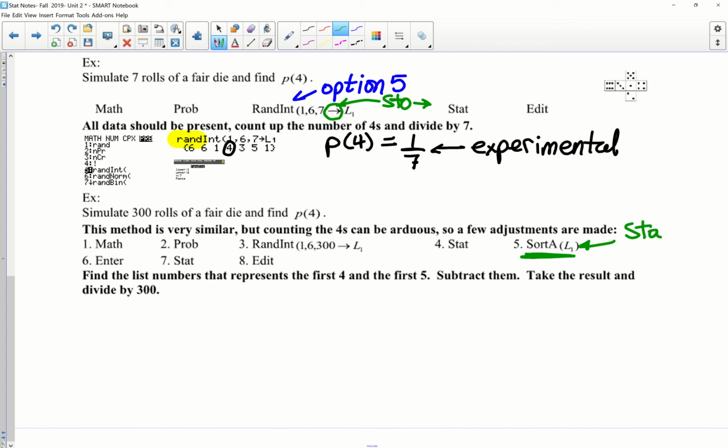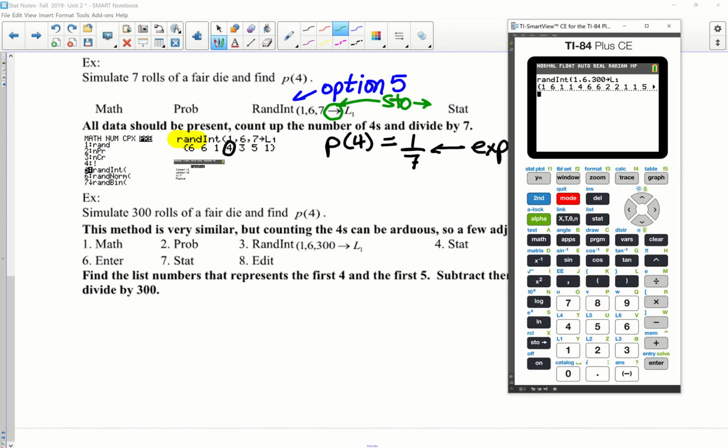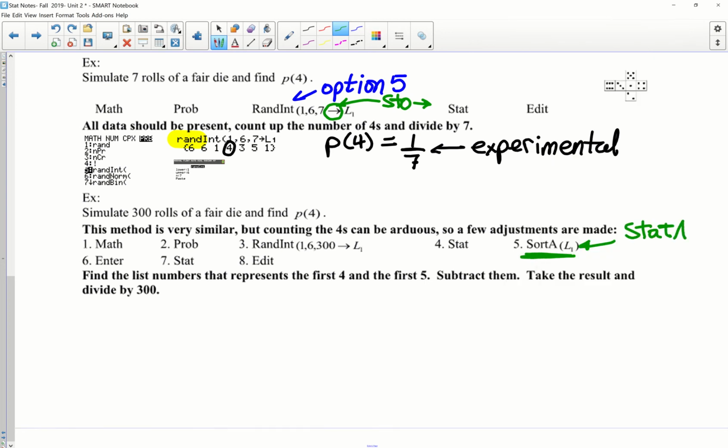All right, so hit stat. It's option 2, sort A. Oh, I'm just writing the function again. Stat 2 is what I wanted to write.